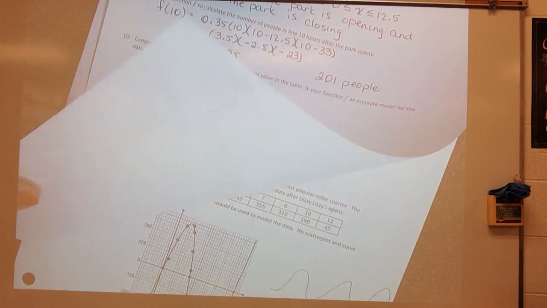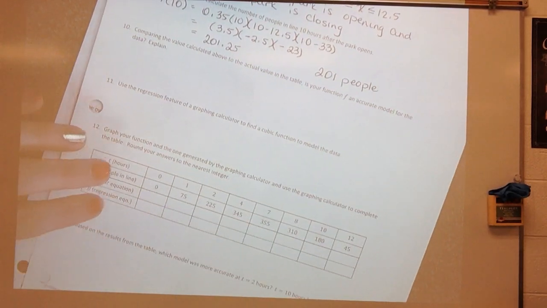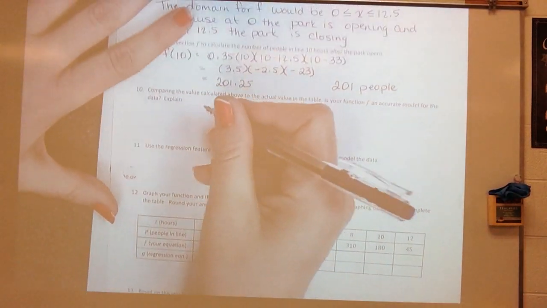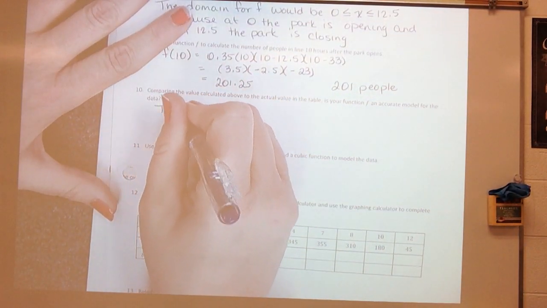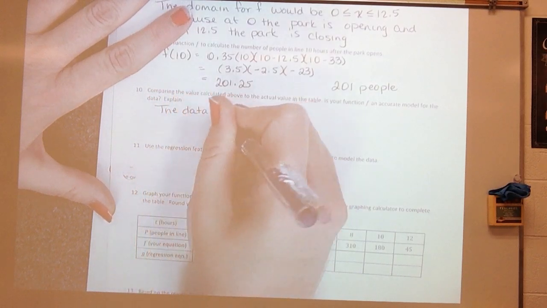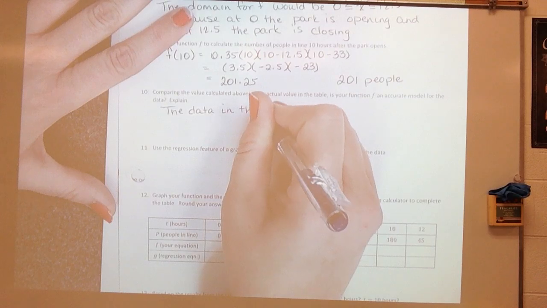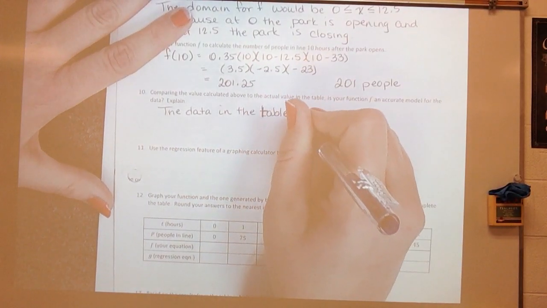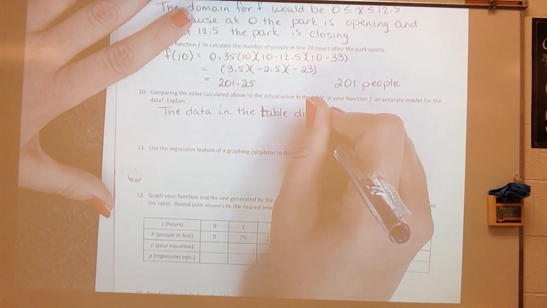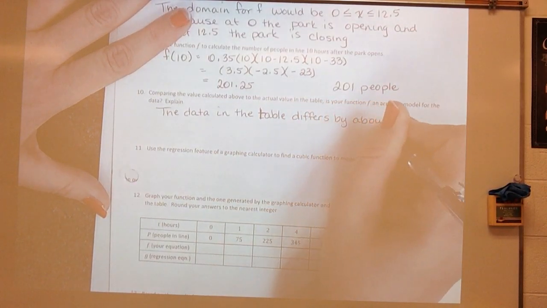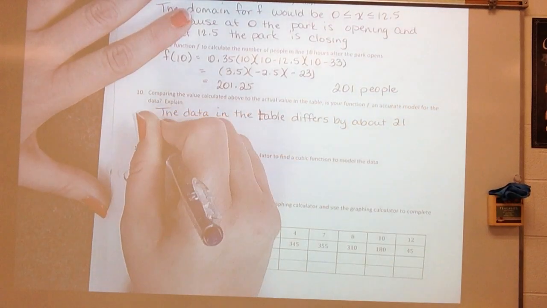So the value of the function differs by about 21. The data in the table differs by about 21 people.